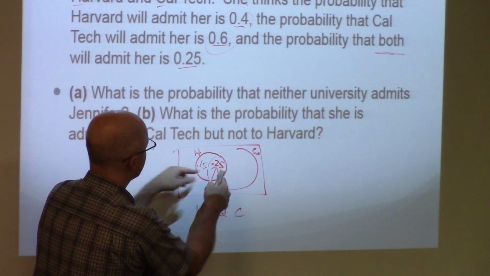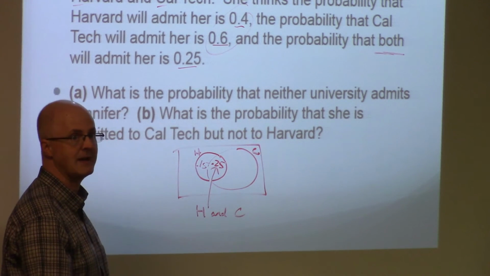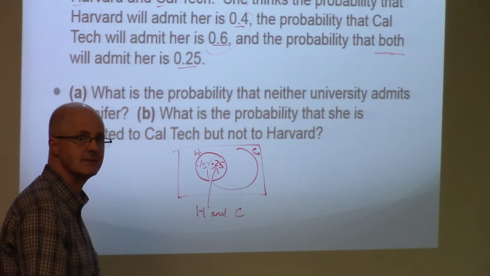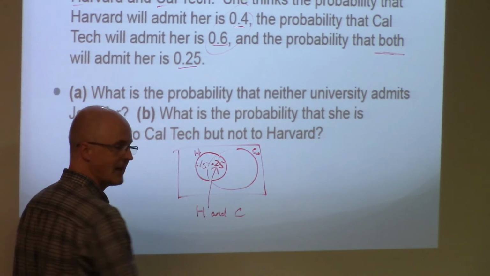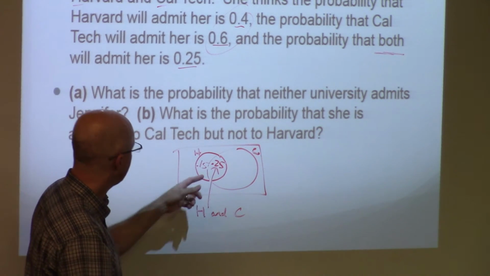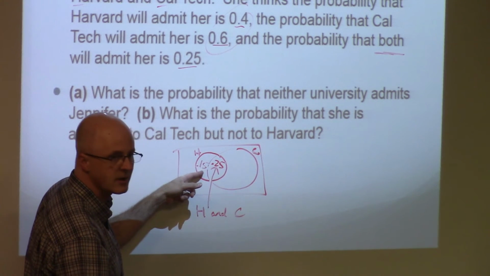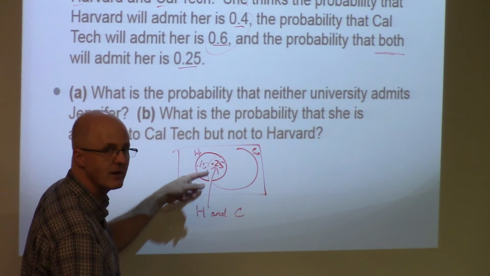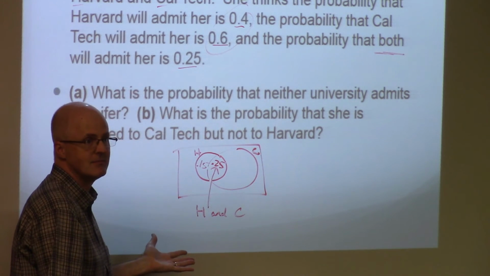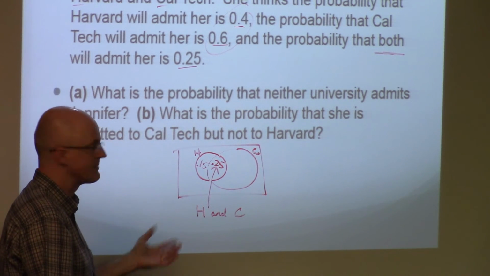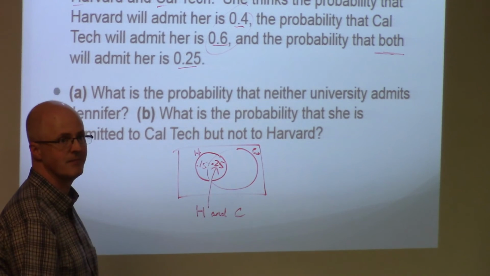These two probabilities have to add up to 0.4 because of the addition rule for disjoint events. The entire circle is like 0.4, 40% of the area. This is 25%. I've got to figure out what number to go there so that these two things add to 0.4. 0.15 is the answer. 0.4 minus 0.25 is 0.15.